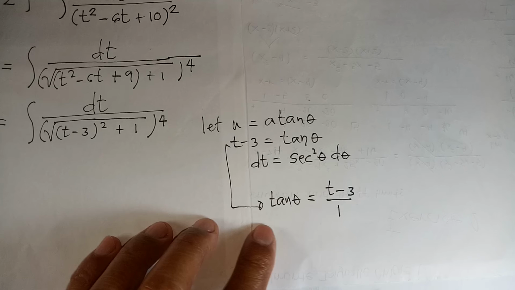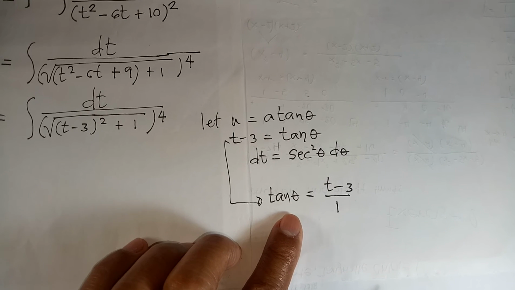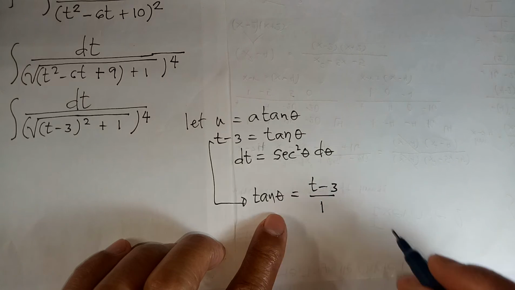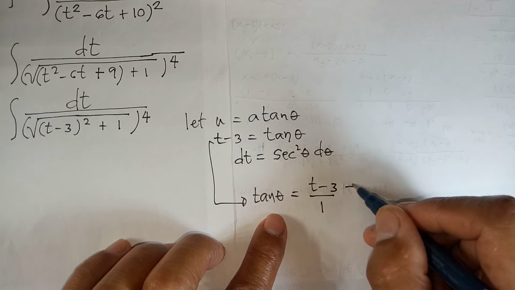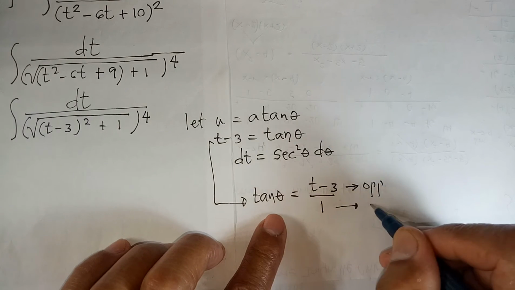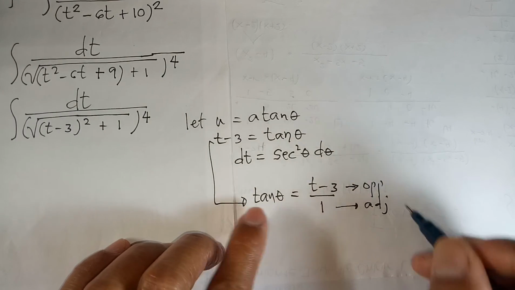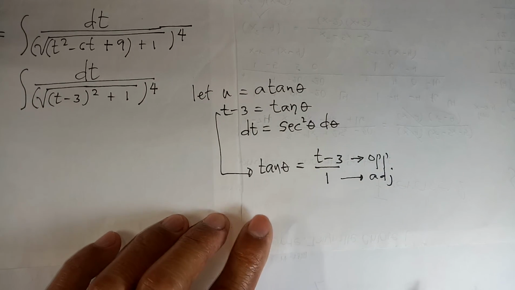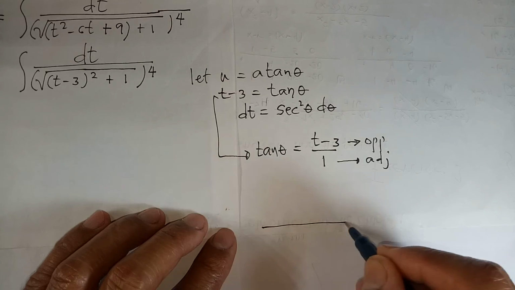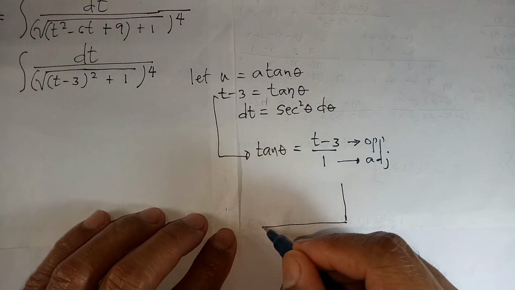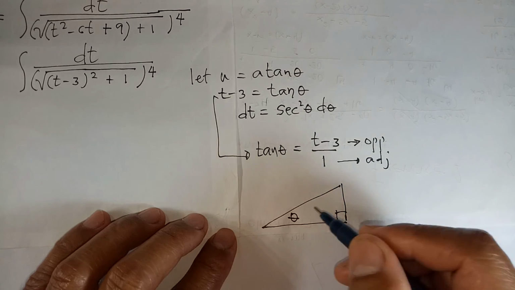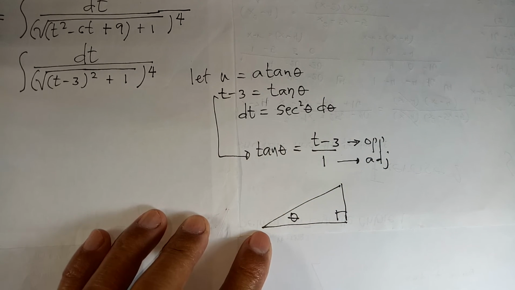Okay. So, yung tangent by definition is opposite divided by the adjacent side. So, ito ay opposite. Ito naman ay adjacent side natin. So, let us draw now the right triangle defined by this equation. Okay? So, let us say that this is the acute angle theta.